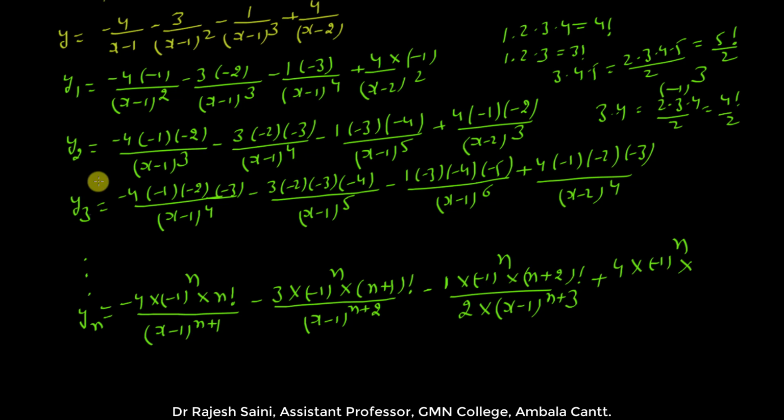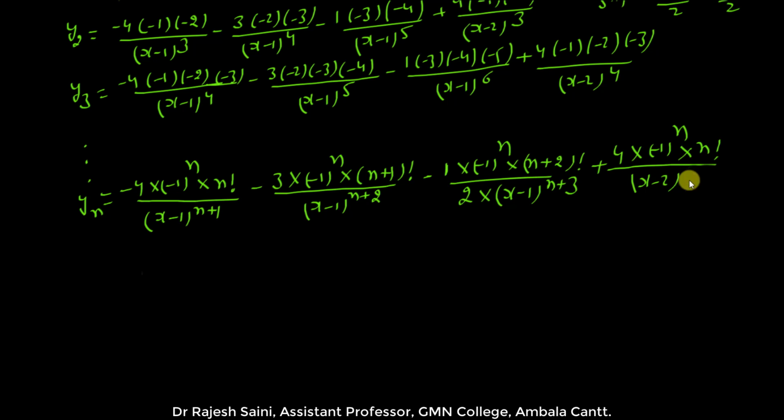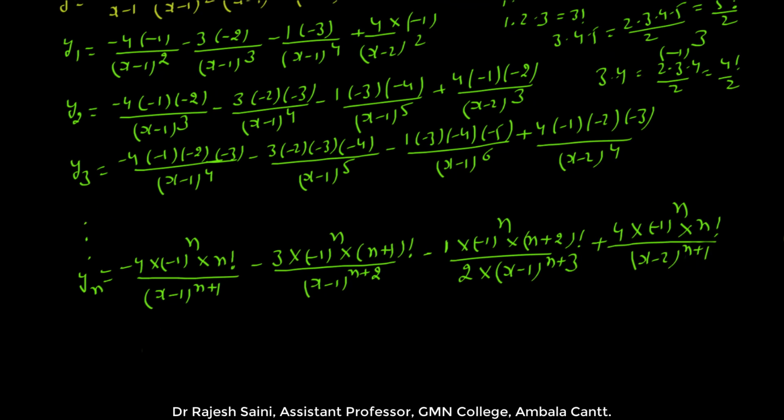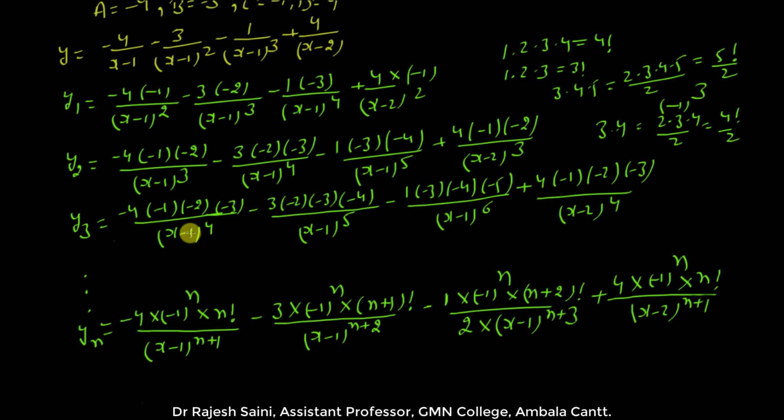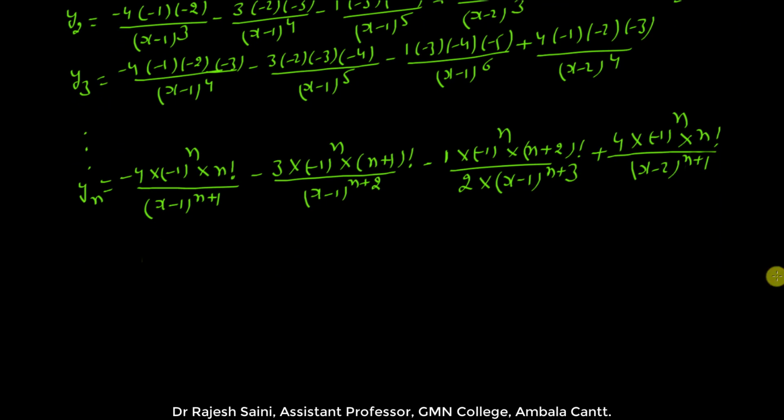When here is 3, here is 3 factorial. When here is 2, here is 2 factorial. So it will be n factorial divided by x minus 2 raised to the power n plus 1. Because you see, when here is 3, here is 4. When here is 2, here is 3. 1 more. Okay, so this will be n plus 1.